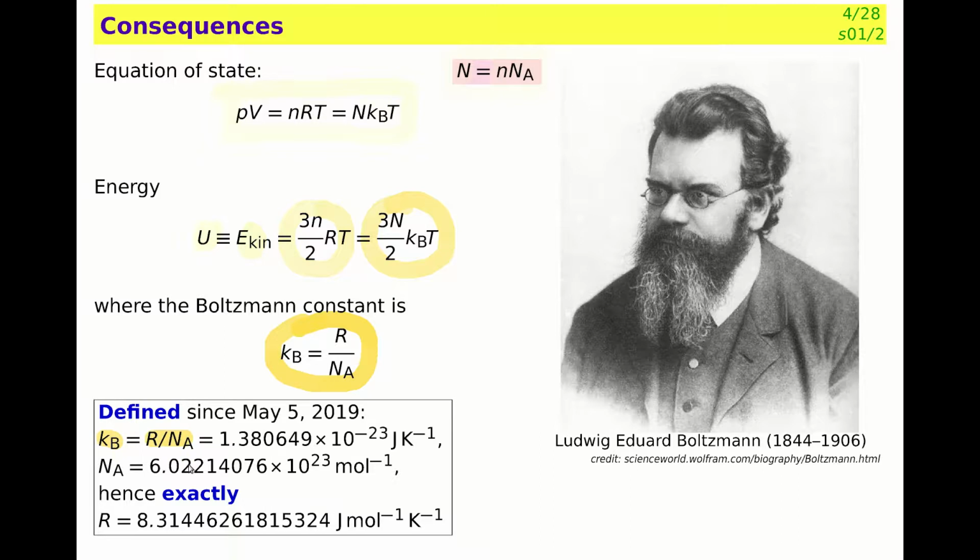These constants are nowadays defined, that is essentially 1 Kelvin is related to the unit of energy. Here is the definition, and the same is for the Avogadro number. So now we know that the universal gas constant is exactly this.